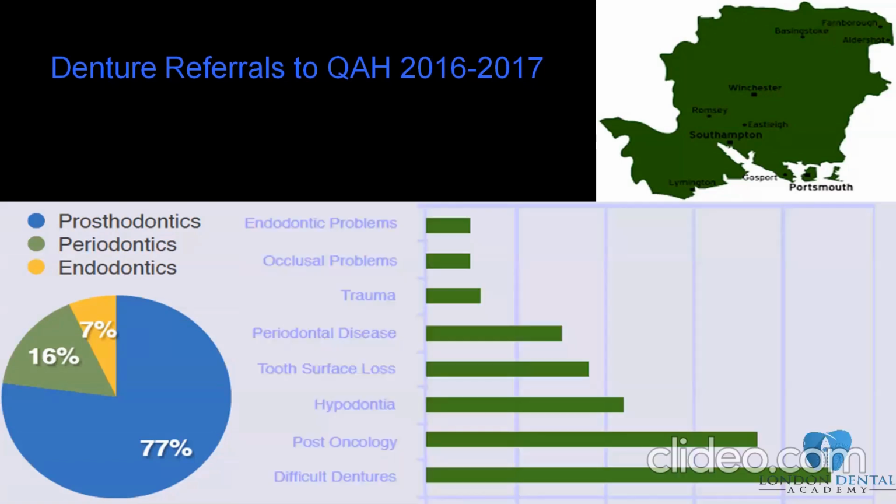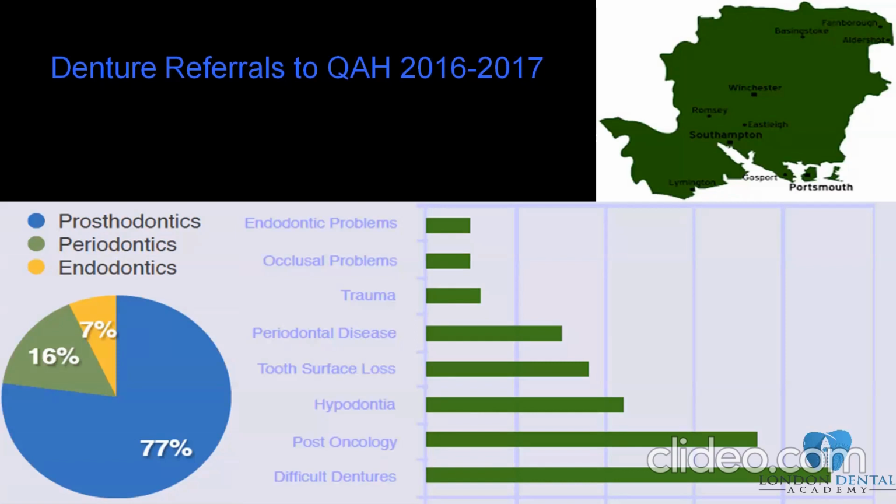But when we looked in detail at what the prosthodontic referrals were, because prosthodontics could be anything, we found that the most common referral letter coming through the doors from our local GDP practices was due to difficult dentures.